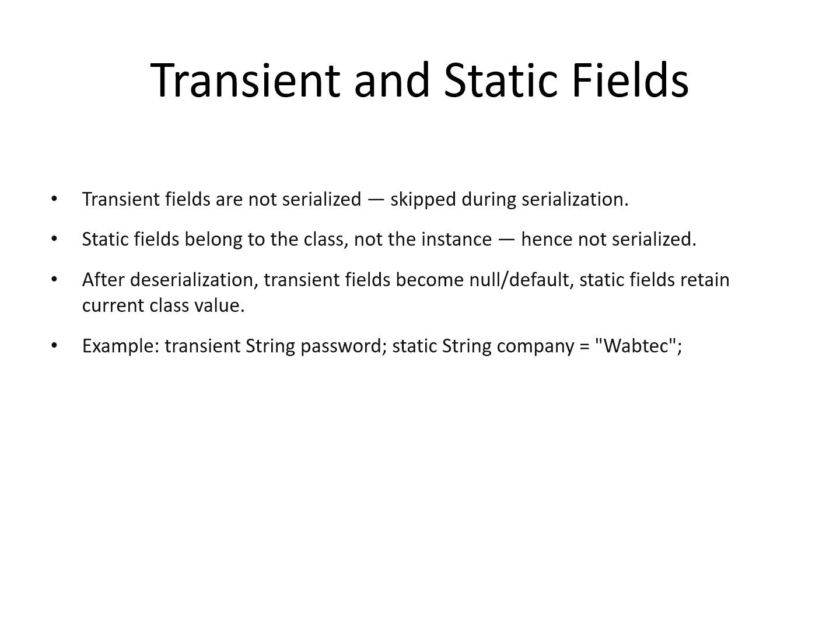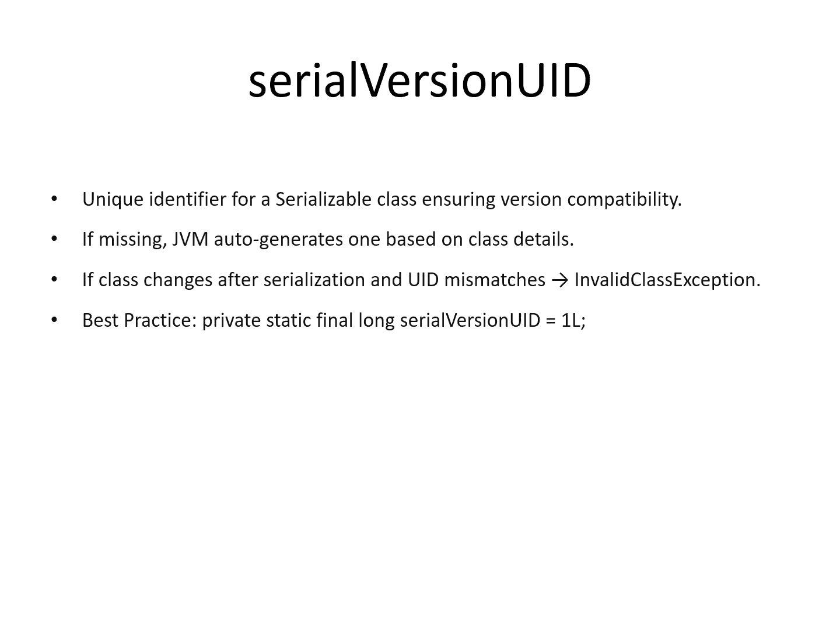They are also not serialized because they belong to the class, not the object. So after deserialization, transient variables become default values or null, while static ones keep their current class value. For example, you can make a password transient, so it's never saved in a file.